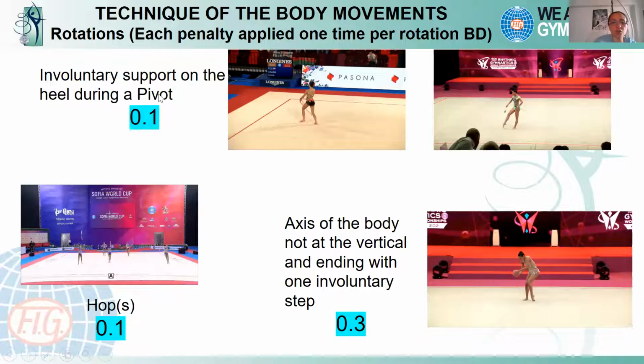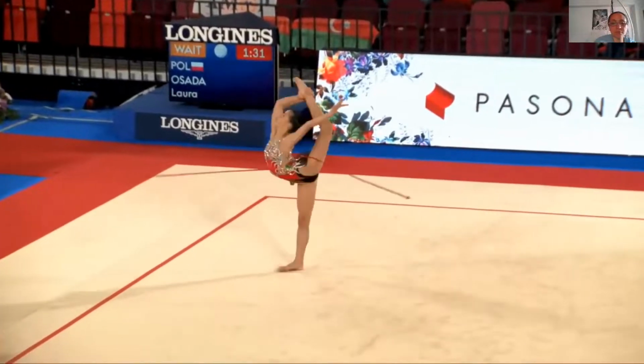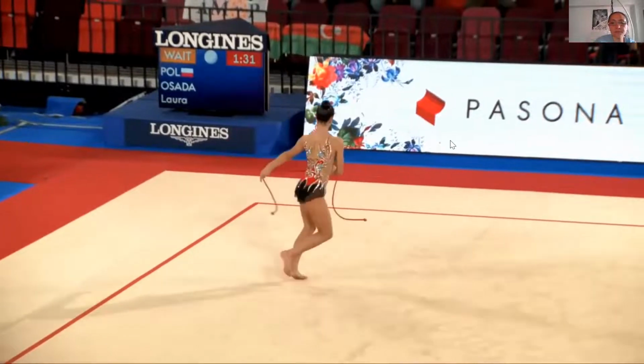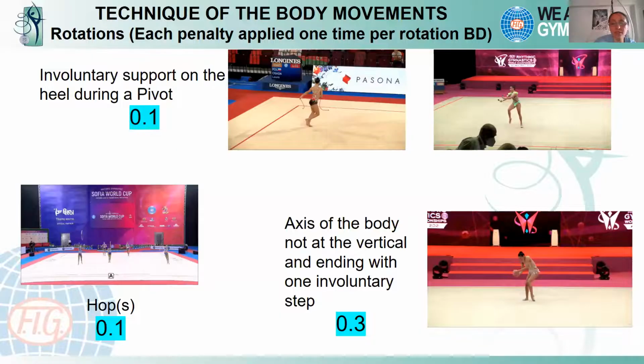Involuntary support on the heel during a pivot. This is 0.1. 0.1, they must end in releve. During the rotation, if they are on releve, they must end. If they supported on the heel, it's 0.1. Each penalty is applied one time per rotation body difficulty.